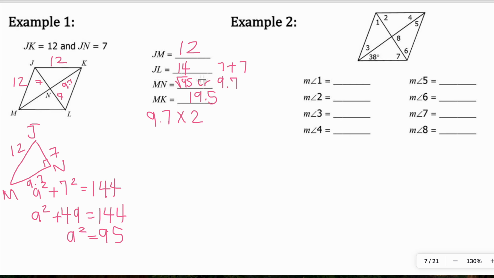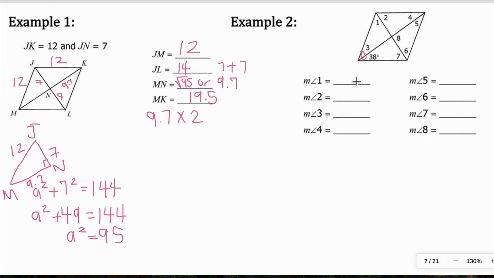Let's go ahead and see what we can do for example 2. A rhombus is still a parallelogram, so you might want to think about alternate interior and alternate exterior angles here, but also my diagonals are going to be bisecting angles. So if I look at the example here, I've been given 38 degrees.